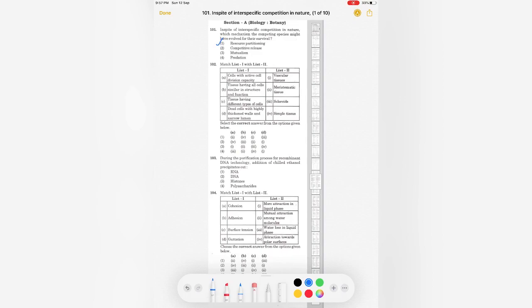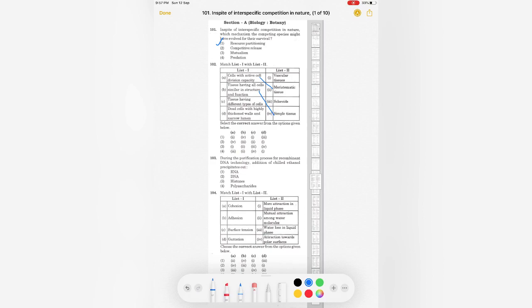Coming to the next question, 102. Match list 1 with list 2. Cells with active cell division capacity. Of course, you know the answer is meristematic tissue. That is matching with meristematic tissue. Tissue having all cells similar in structure and function. You know the answer is simple tissue. Simple tissue like parenchyma, collenchyma, sclerenchyma.